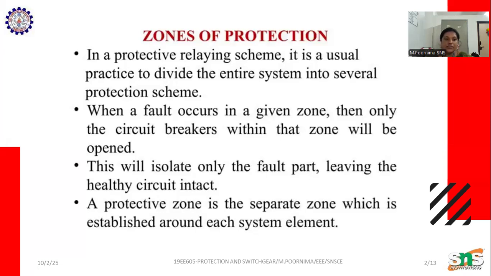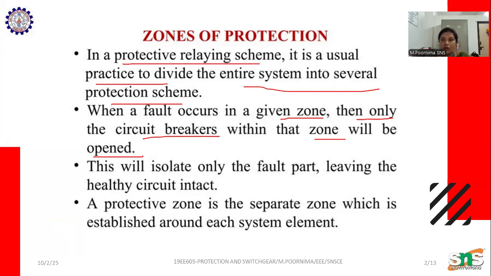In a protection relay scheme, it is the usual practice to divide the entire system into several protection zones. When a fault occurs in a given zone, only the circuit breakers within that zone will open.